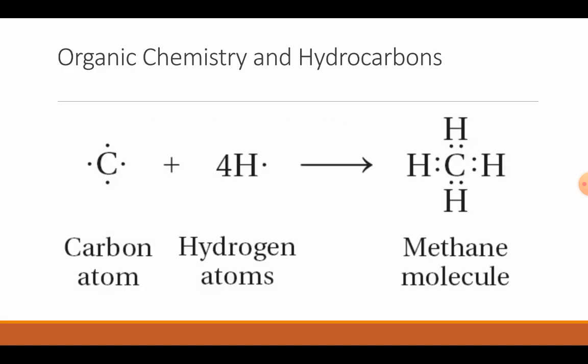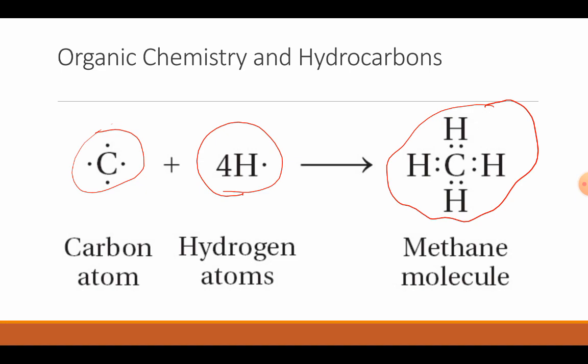Look here, 1 atom of carbon has 4 valence electrons and 4 hydrogen atoms. They share together with only 1 electron each to make the simplest kind of hydrocarbon. It's a methane molecule. Easy till now? So carbon plus hydrogen gives me a methane molecule.